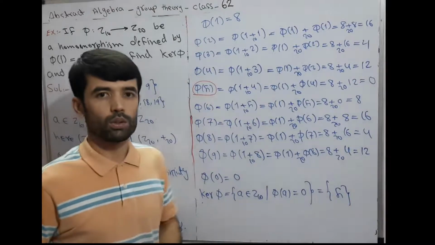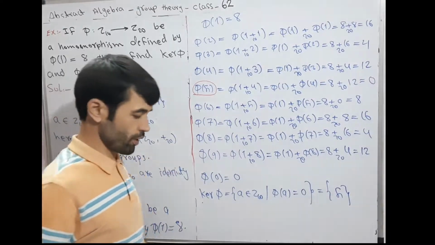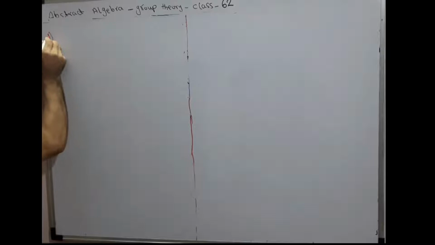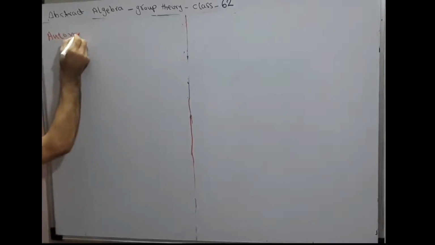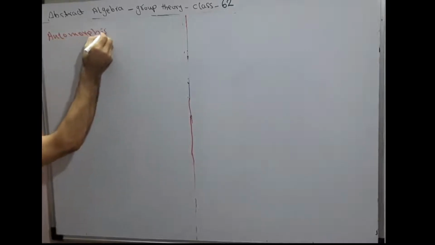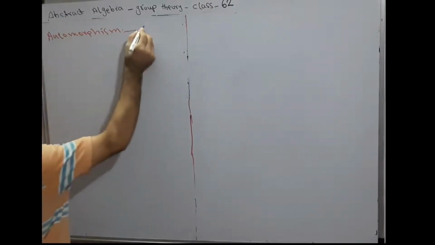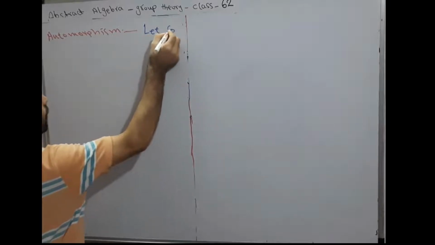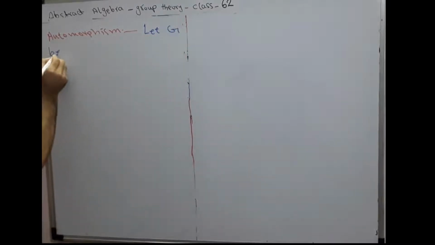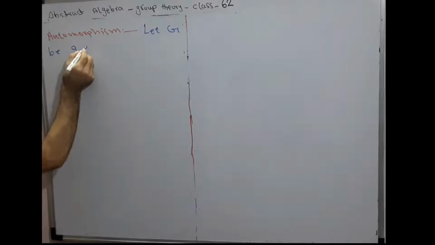Now we want to define automorphism of group. Automorphism. Let G be a group.